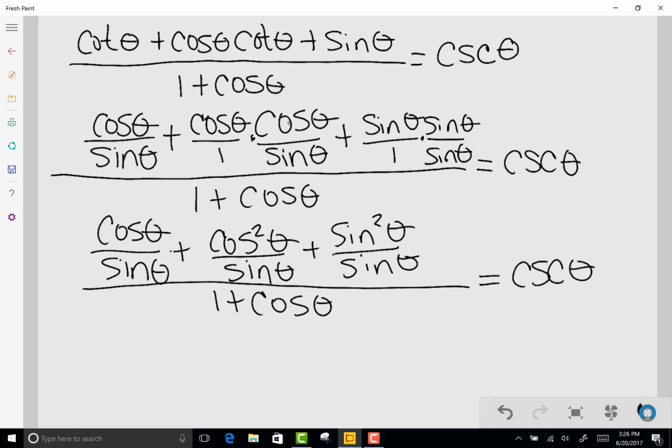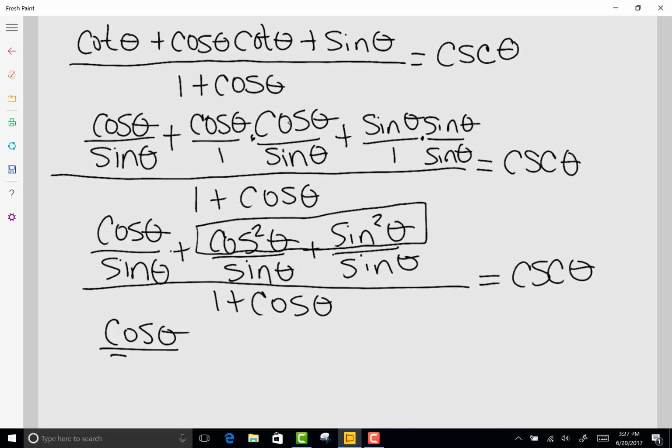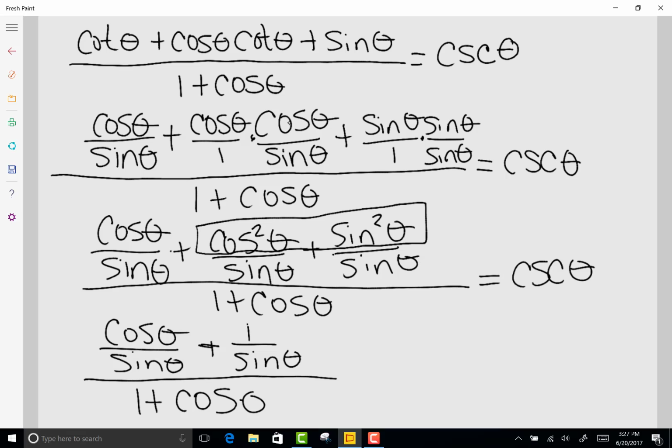Now, another thing I noticed here when I made a common denominator in the top is that right here, this piece right here, I have cosine squared theta plus sine squared theta. That is equal to 1. So I'm going to rewrite this as cosine theta over sine theta plus 1 over sine theta. That's all over 1 plus cosine theta, and I'm trying to show that that's equal to cosecant theta.